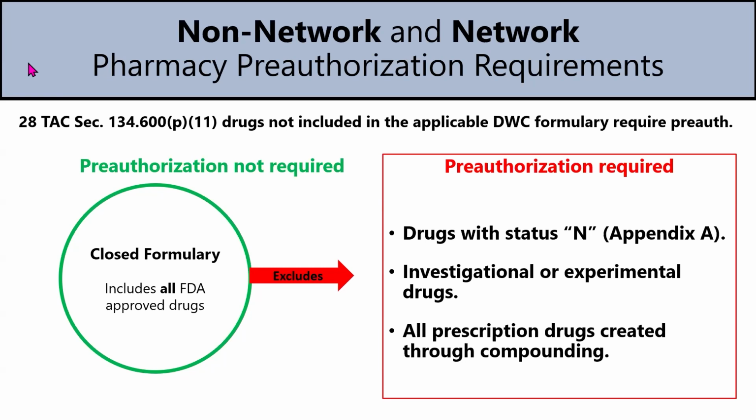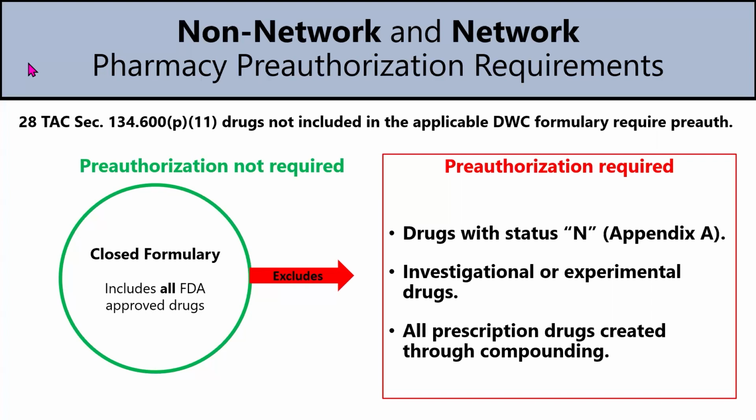And those are drugs with the end status that's found in Appendix A, any investigational or experimental drugs, and all prescription drugs created through compounding. It doesn't matter if the compounded ingredients are not on the end list, just because they are compounded, they need pre-authorization. So just to get that clarified, all the ones in that box need pre-authorization. The rest of the FDA approved drugs are within our closed formulary and do not need pre-authorization.